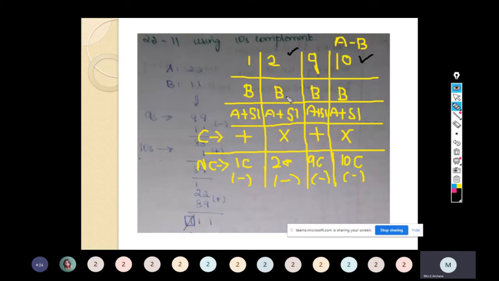Take 2's complement for B, take 10's complement for B. Add A with the complemented result, here also add A. If there is a carry, discard the carry, here also discard the carry. If there is no carry, take the complement given in the problem, if it is 2's complement or 10's complement, and add a negative sign.